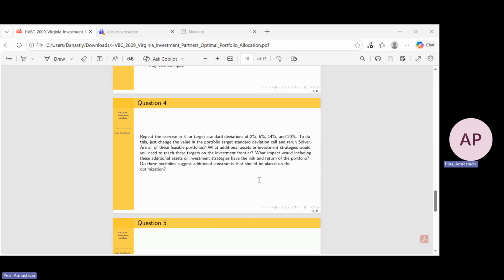optimization realistic. So besides just setting the standard deviation equal to a certain target, we may need to include weight limits, for example, that no more than 50% allocation in any single class.